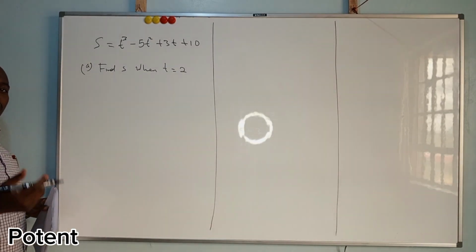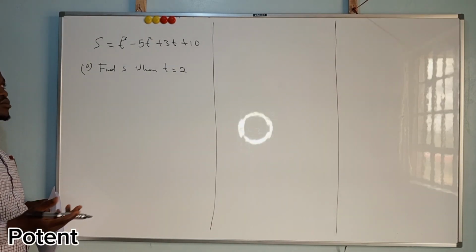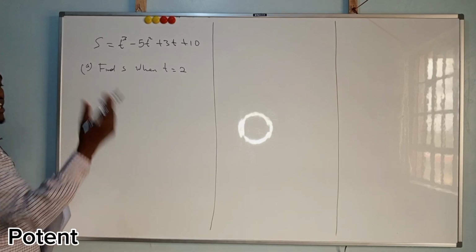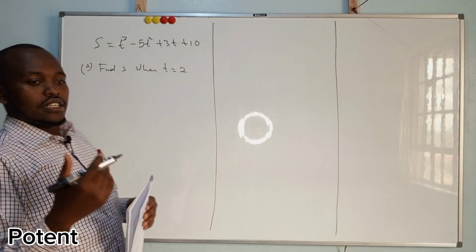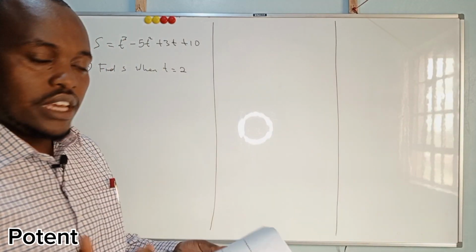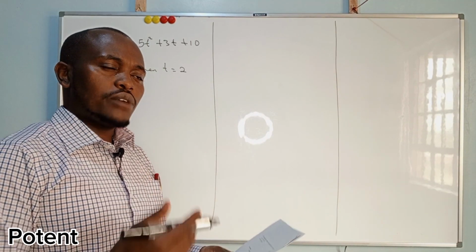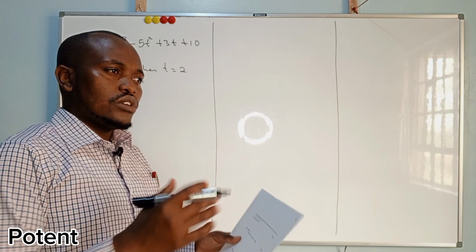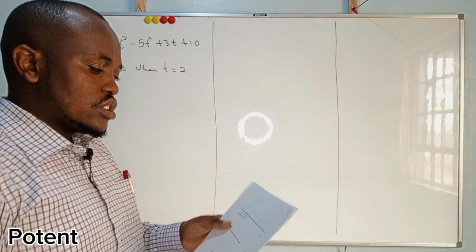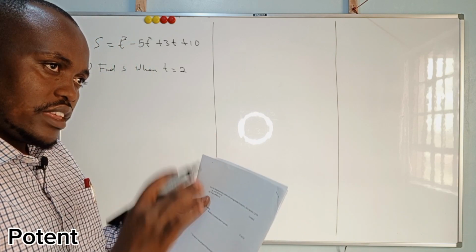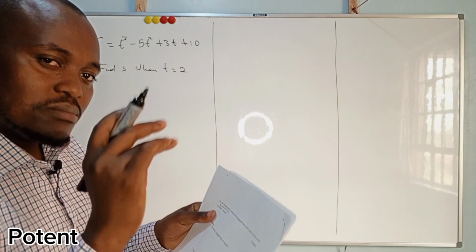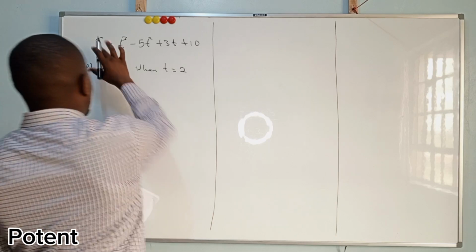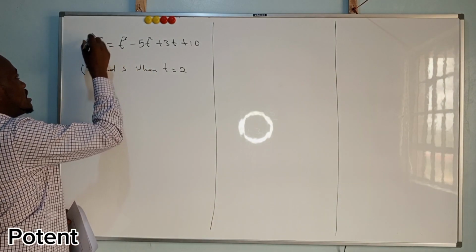So the first thing you want to do when given this question is to understand the question. That is why we always keep on saying that we have a language of mathematics. You need to read well and then understand. So for this question, you are told the displacement s meters, so when you see s, this is the displacement.